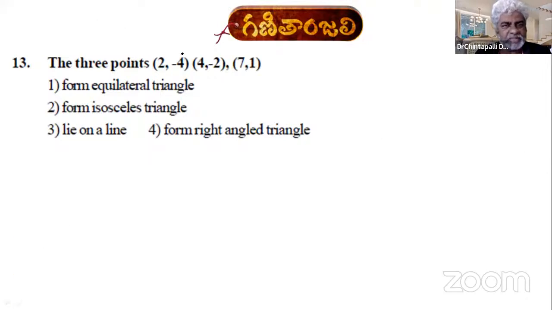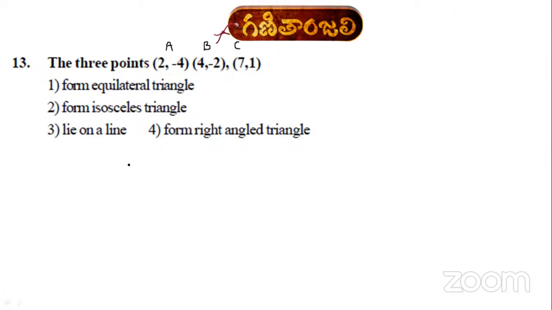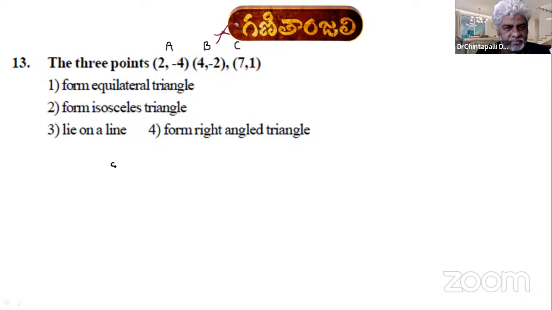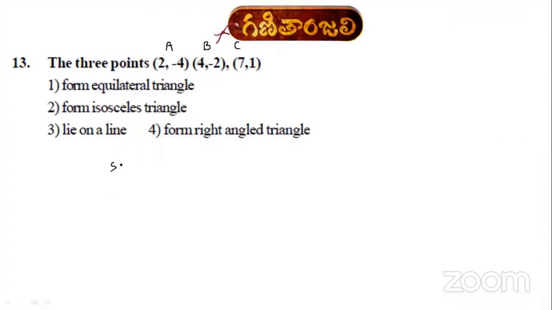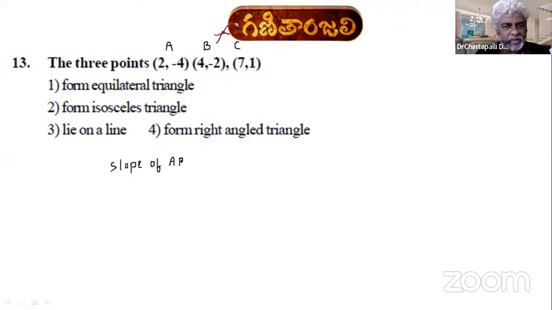See, three points are given to us: A, B, C. Let us see what happens when we find the slope of AB. Do you remember the formula? y2 minus y1 over x2 minus x1.